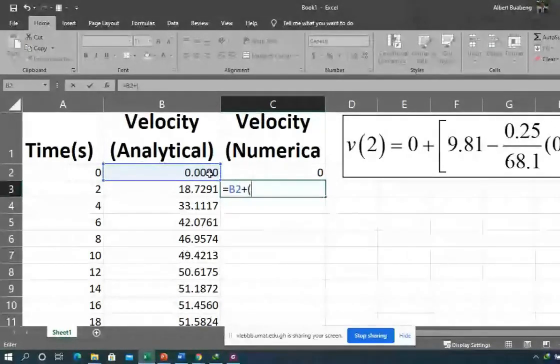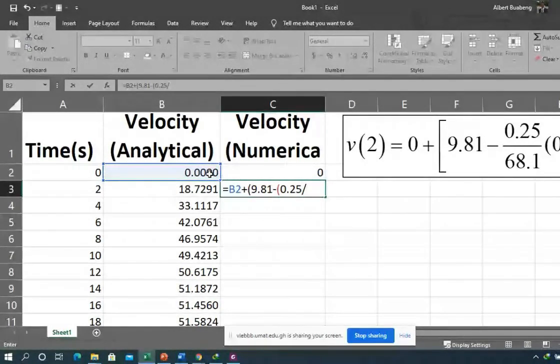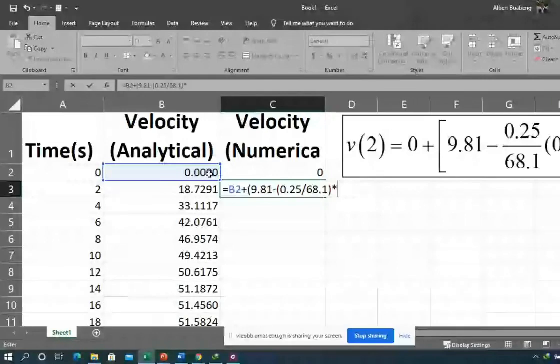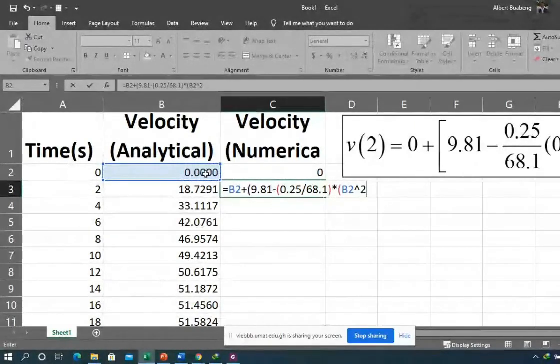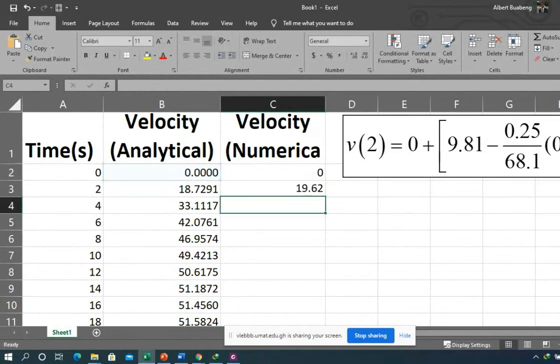So plus, in brackets, we have 9.81, which was our gravity, minus in brackets 0.25, all divided by the mass, which is 68.1, bracket close, and all this is being multiplied by the square of the past value. So don't forget that. Then everything closes. Then finally, we have the change, that is the step size, which was equal to 2. So once we hit enter, this is what we are getting.